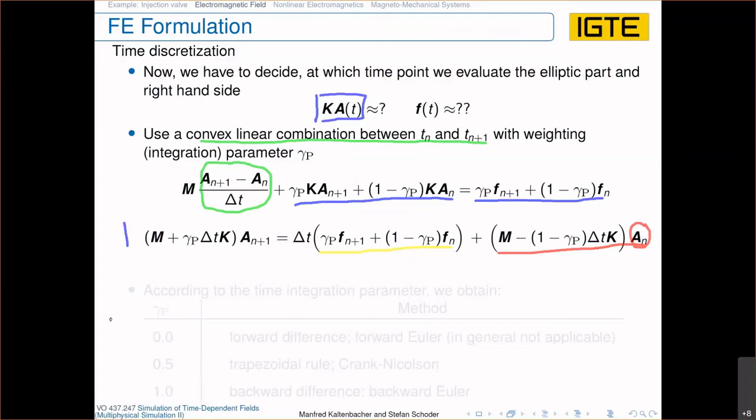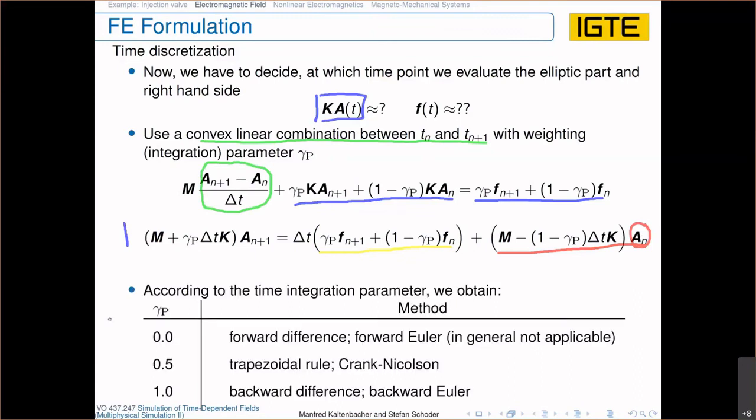So we have different possibilities to choose for this gamma_p. If we put gamma_p equal to 0, you immediately see what happens, as I write it here. If gamma_p is equal to 0, our system matrix is just made up of the mass matrix, because the stiffness matrix K is scaled with 0.